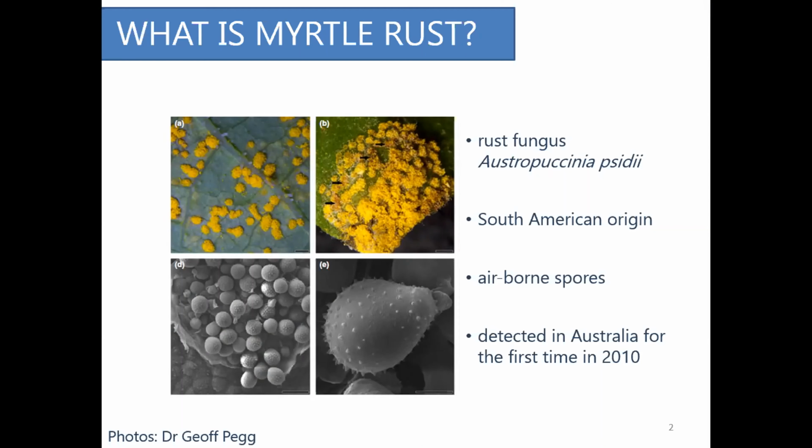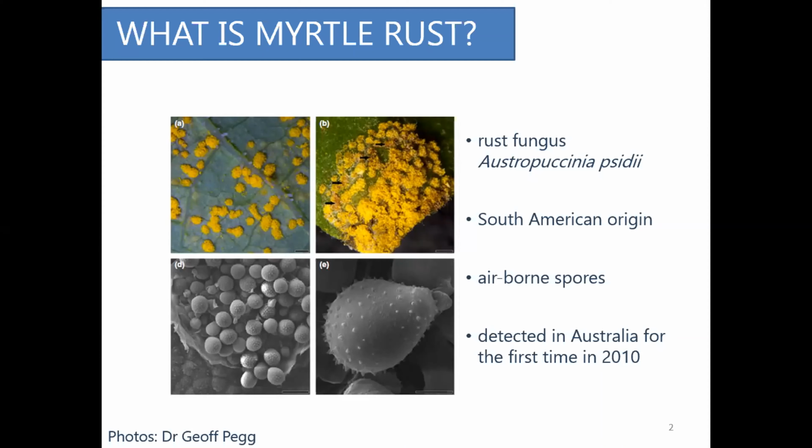The fungus has changed name. When it was first detected in 2010 in New South Wales, it was called ERADICATED, and there was a little bit of controversy as to was it the same organism as Puccini apsidae, which is also another name for Myrtle Rust. And nowadays it's called another name, Puccini apsidae, but they're all synonyms, to make it short.